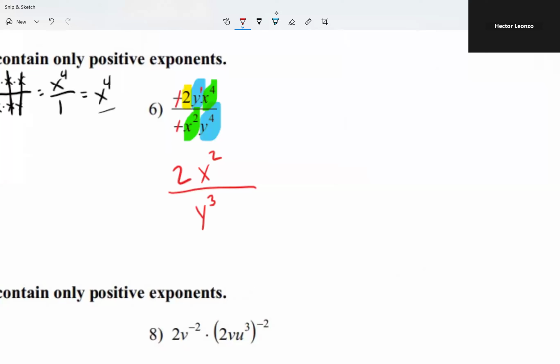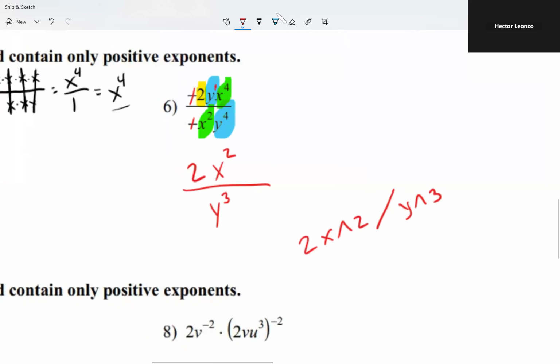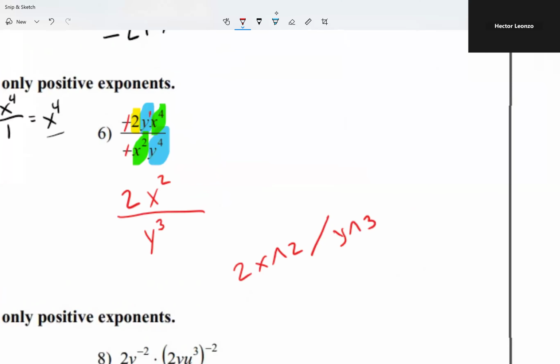Now, how am I going to type this? 2x squared over y to the 3rd. Okay, now some of you might be wondering, because on your homework, sometimes you're going to run into something like that. What if you had x to the 4th, y to the 3rd, over x to the 2nd, y to the 3rd? We know that x is x to the 2nd, and it goes on top.